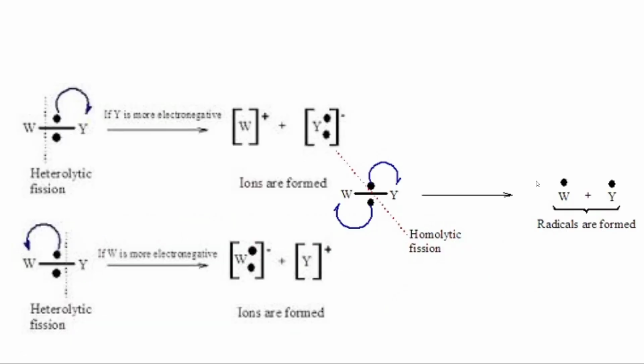In general, heterolytic fission is going to happen more often when one of the atoms is more electronegative. So if we have a big electronegativity difference, that's going to change whether it's heterolytic fission or homolytic fission.